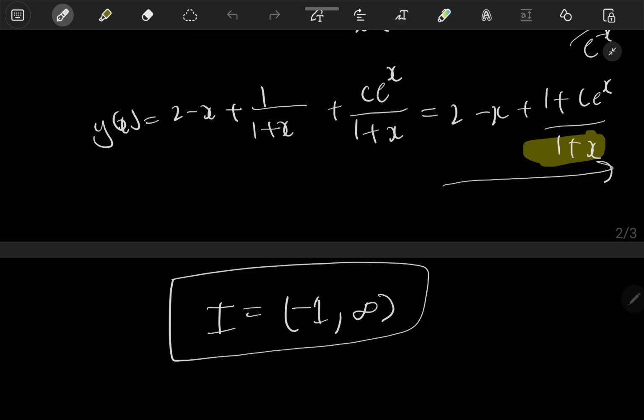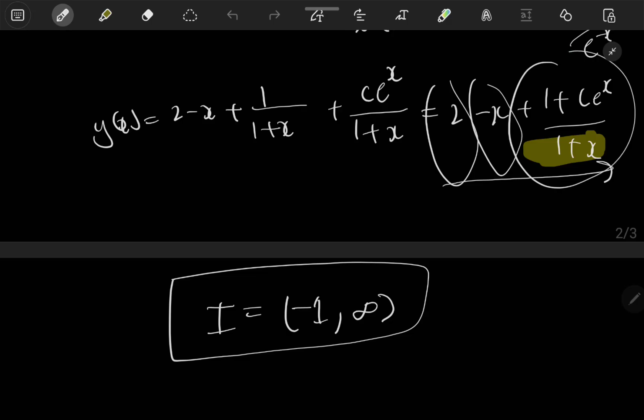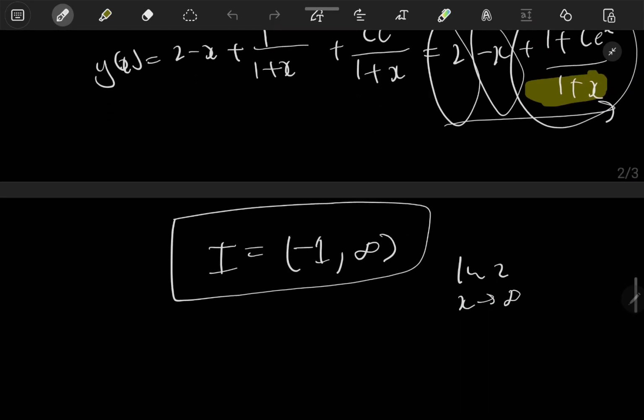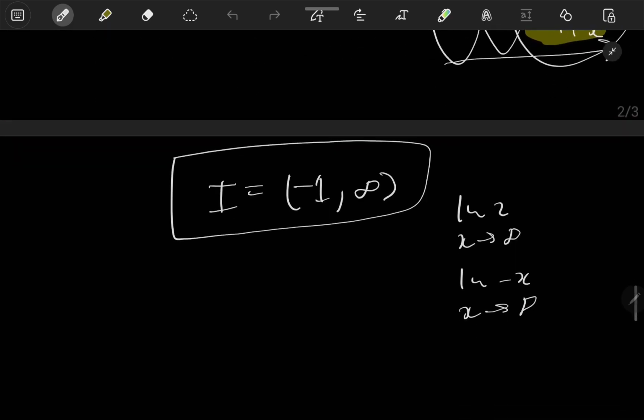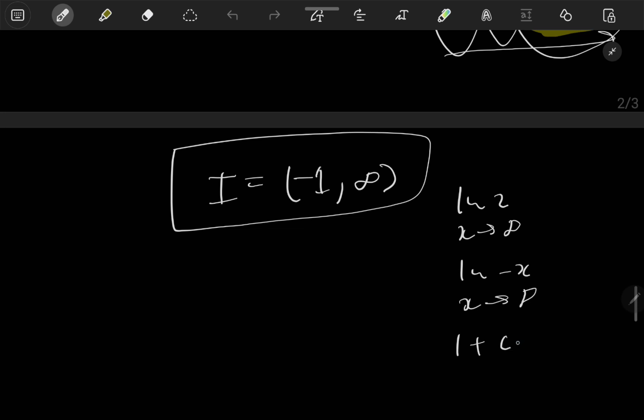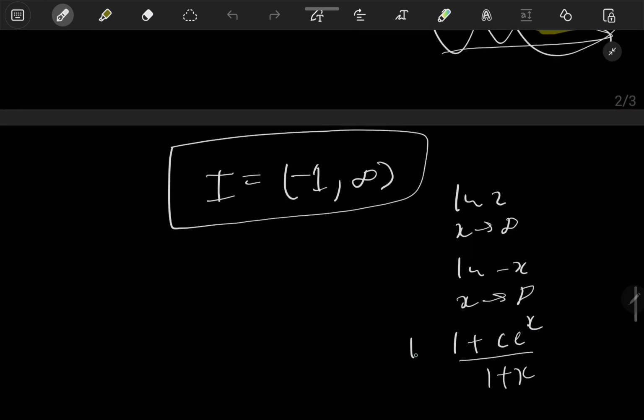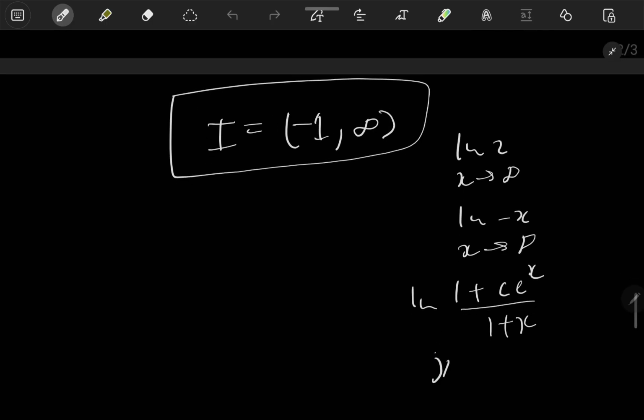But to be safe for test purposes, make sure that you take, how many terms do we have here? 1, 2, 3 terms. So it's safe to just take each and every term, like the limit as 2x goes to infinity, and take the limit as -x goes to infinity, and take 1 plus c e^x all over 1 plus x, limits as x goes to infinity, and then see what we yield here.